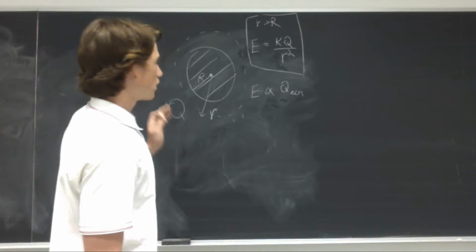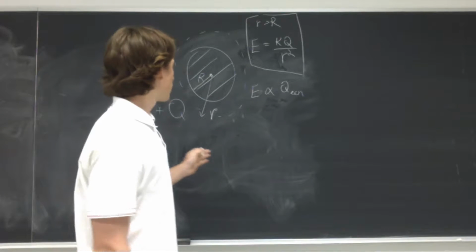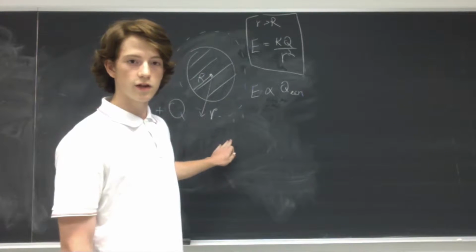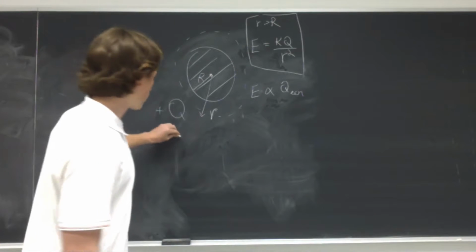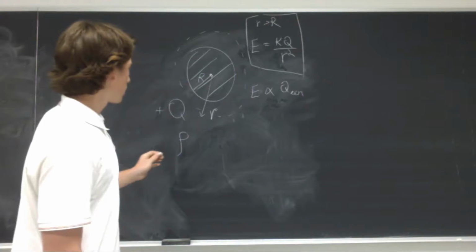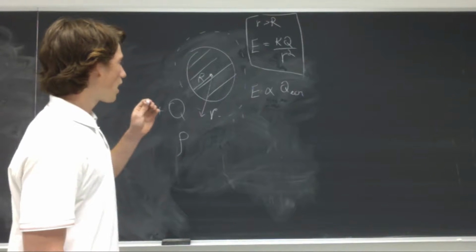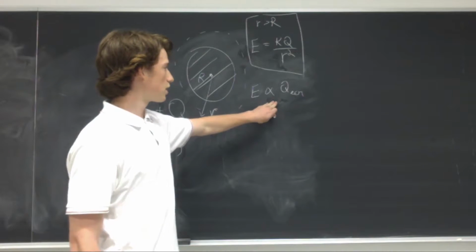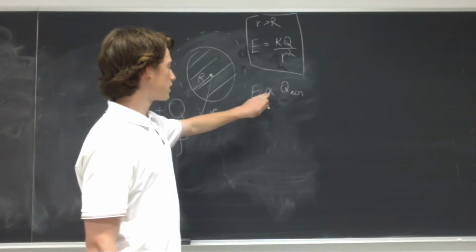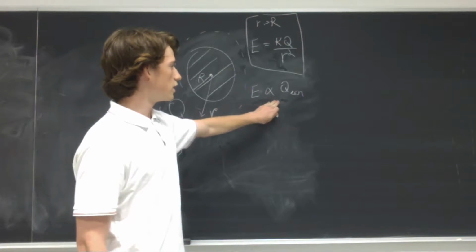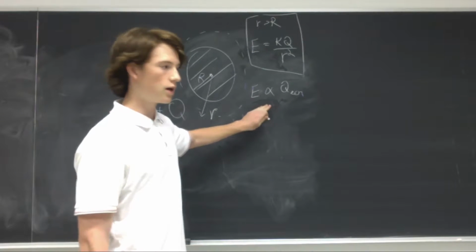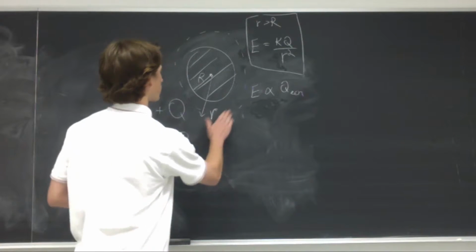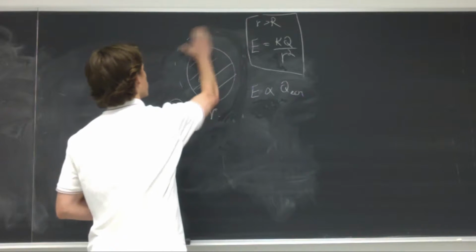Now, things get trickier when we go inside the sphere. Insulating sphere, we're going to say it has a charge density of rho. Now, remembering Gauss's law, we know that the electric field is only due to the charge enclosed at a given point. So we erase this Gaussian sphere from before.